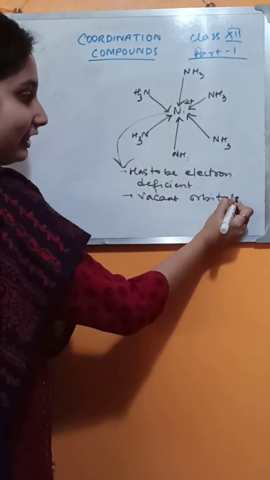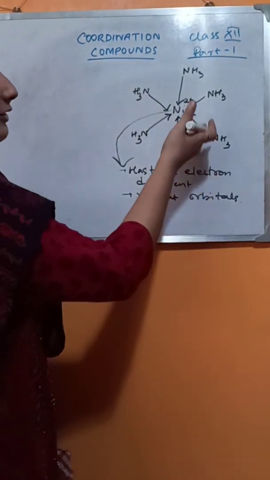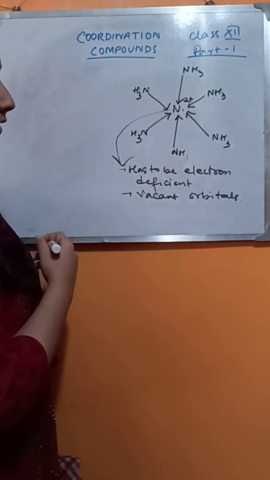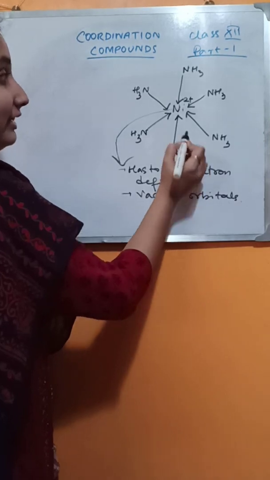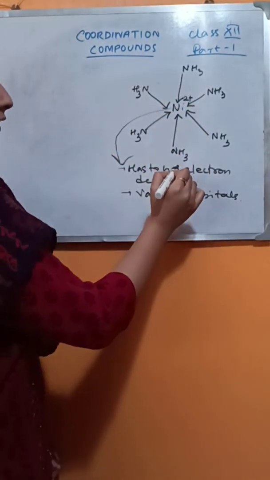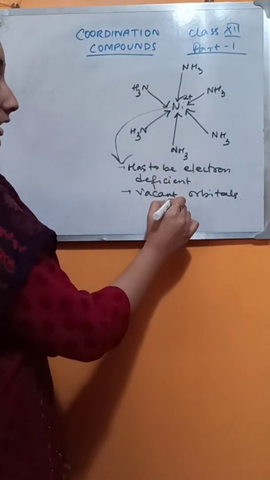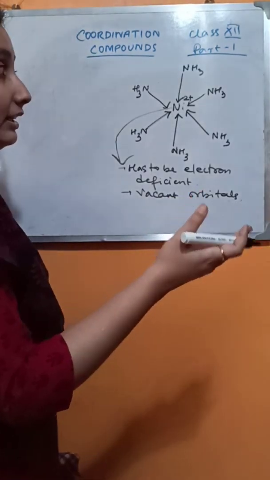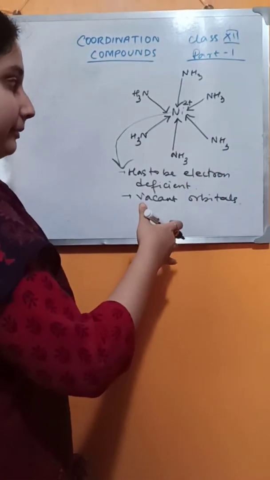Why must it have vacant orbitals? Otherwise, where will it take all the electrons from the donors? So the central metal ion has to be electron deficient and must contain vacant orbitals for taking the electron pairs.